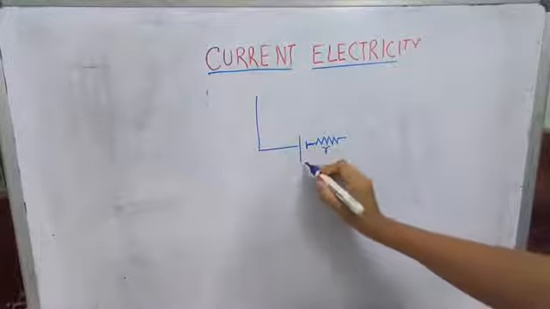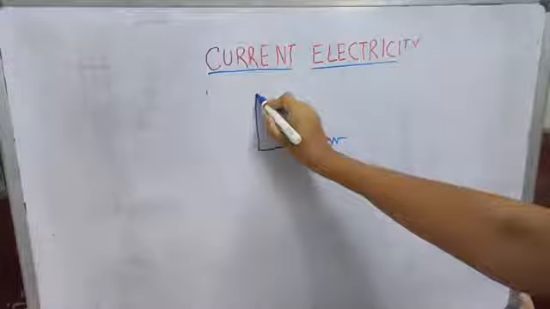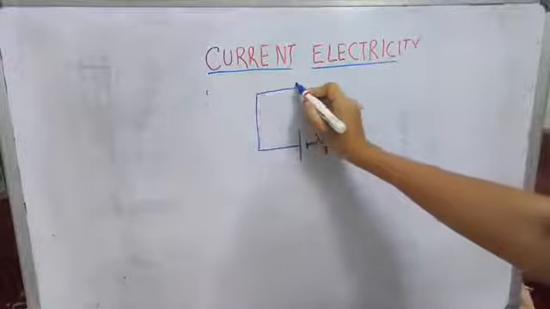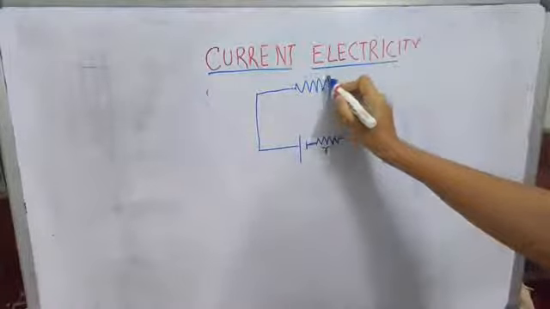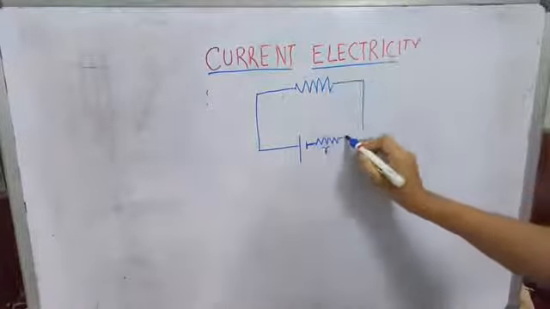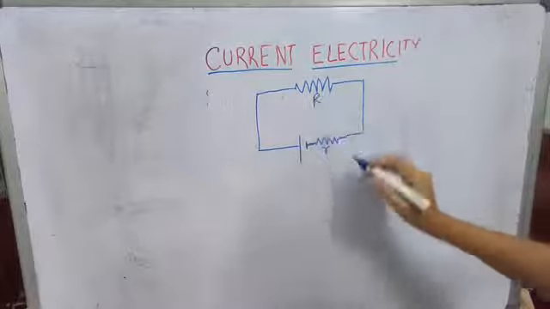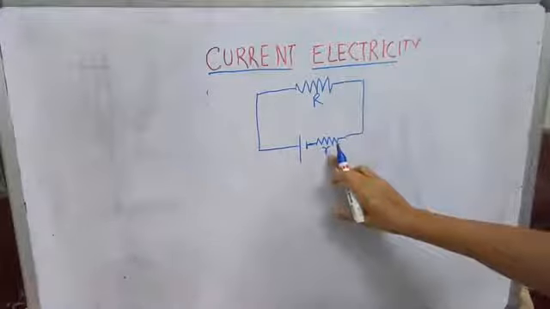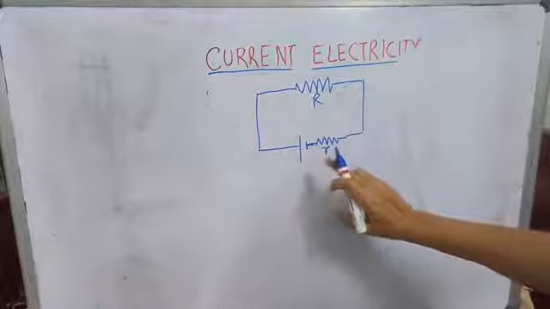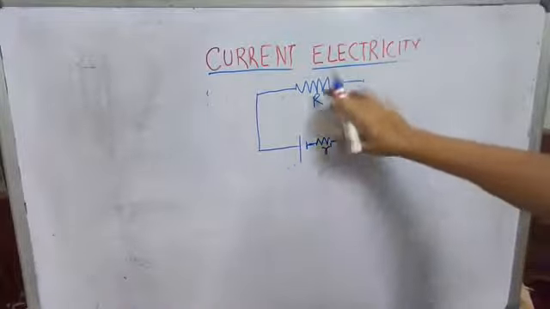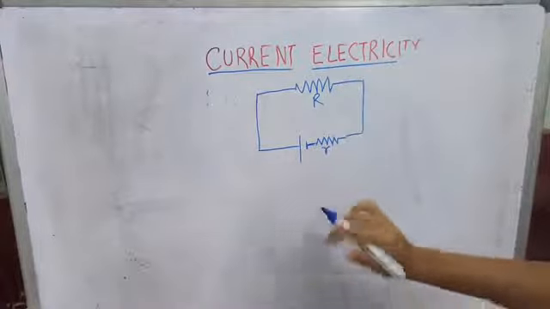Keep this in mind: internal resistance is taken to be in series with the equivalent resistance outside the cell. If the outside resistance is R and the internal resistance is small r, then these two resistances are considered to be in series.